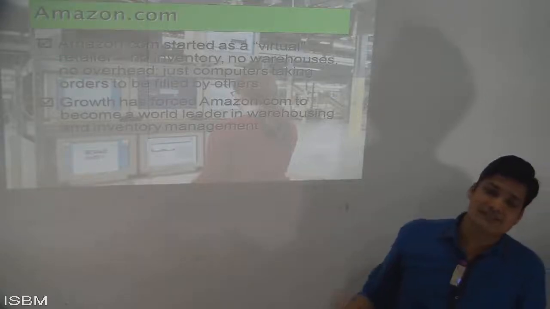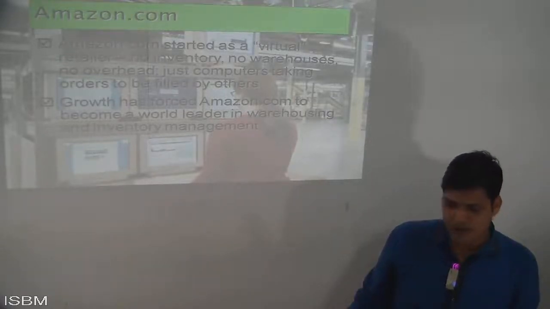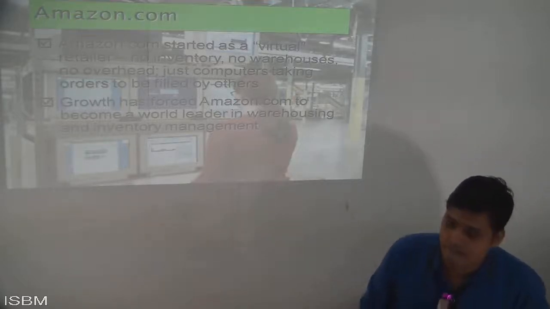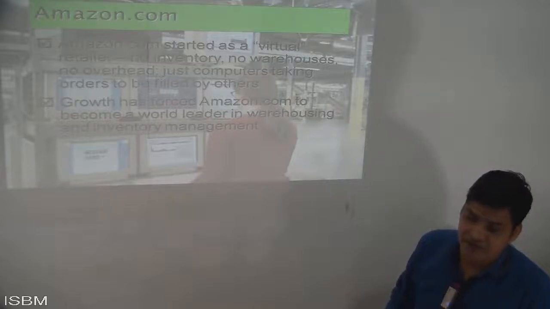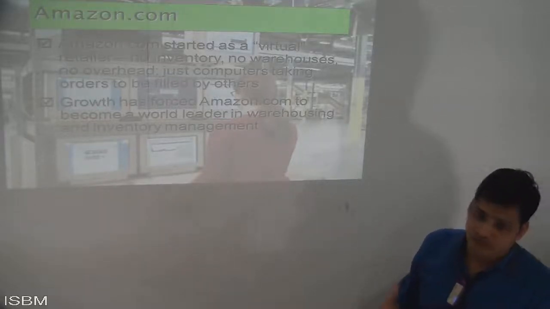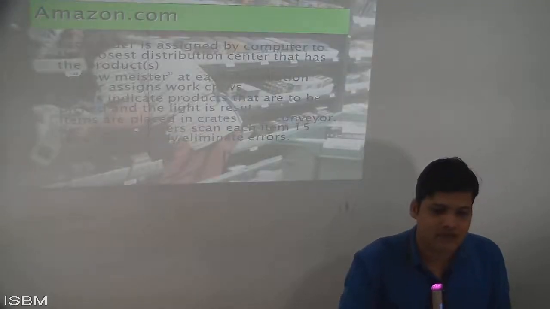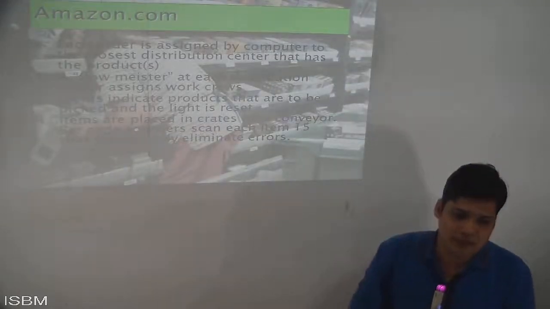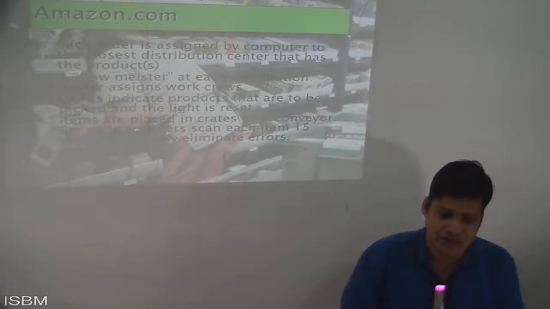You can utilize Amazon.com as a real-time scenario of an inventory management or inventory model. Each order is assigned by the computer to the closest distribution center that has the products.